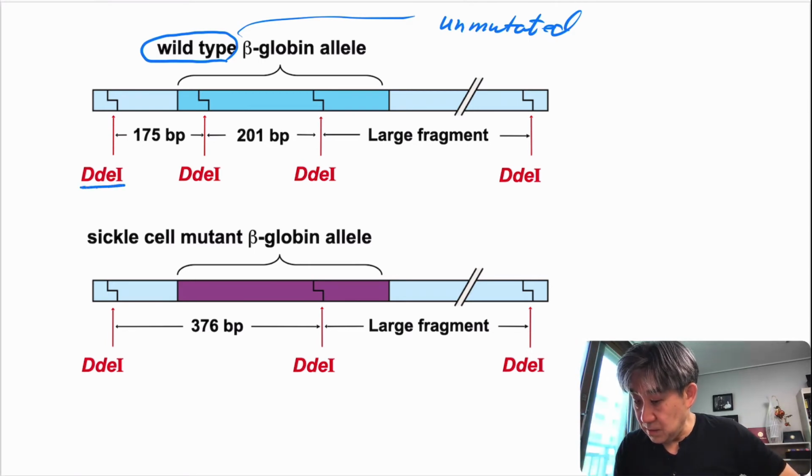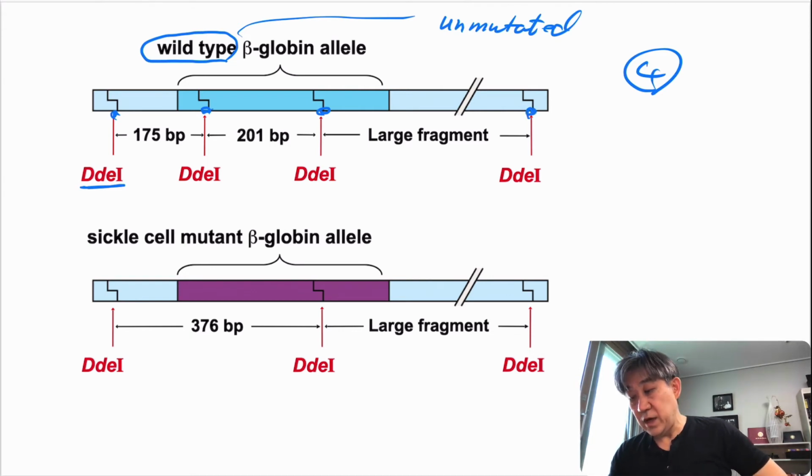This is the name of a particular restriction enzyme, DdeI. This is the entire region of the human beta globin gene, and there are 4 locations that are the target of this restriction enzyme DdeI. That means these 4 locations have the same DNA sequence.